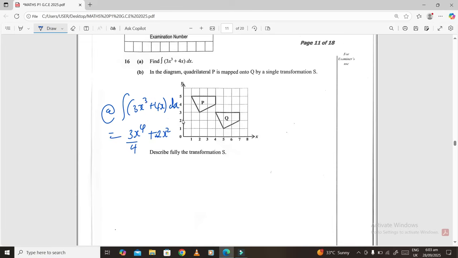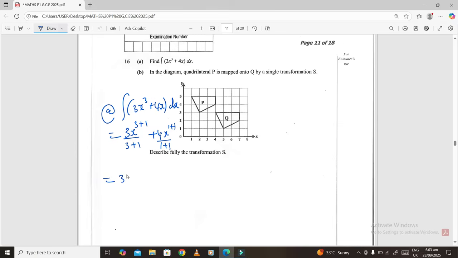So let me show all the steps so that we don't lose marks. We avoid losing marks. But when you're in university, these steps don't matter very much. So you're going to say 3x^(3+1)/(3+1) + 4x^(1+1)/(1+1).